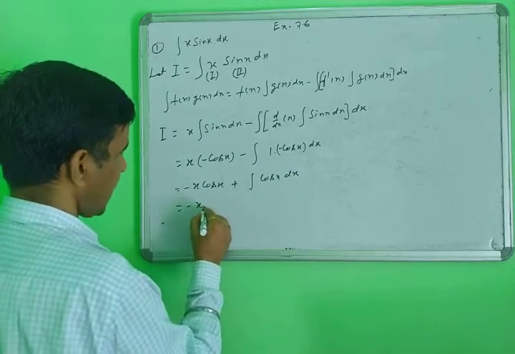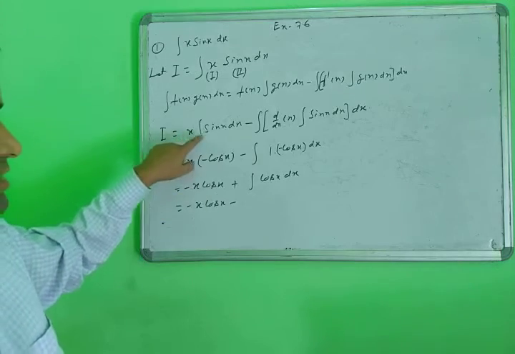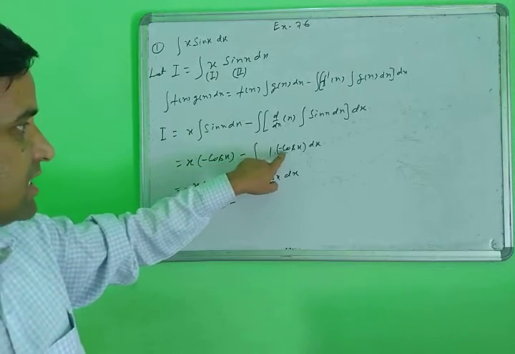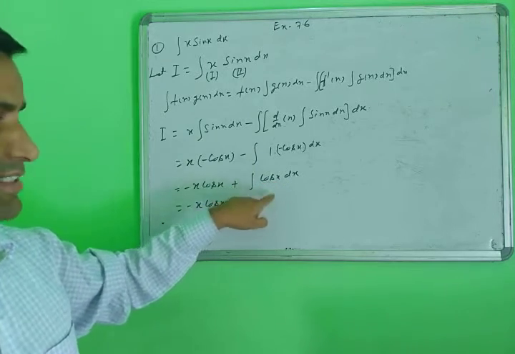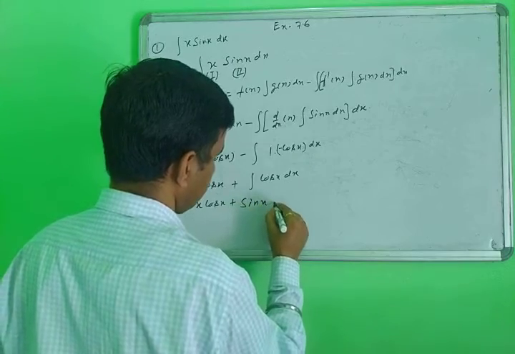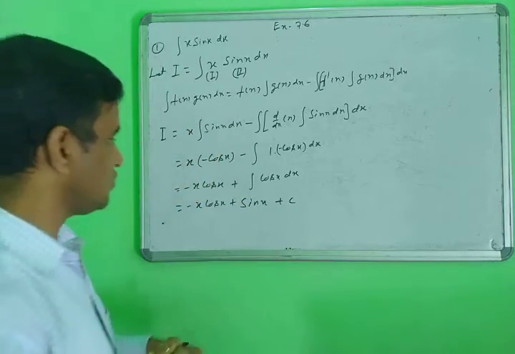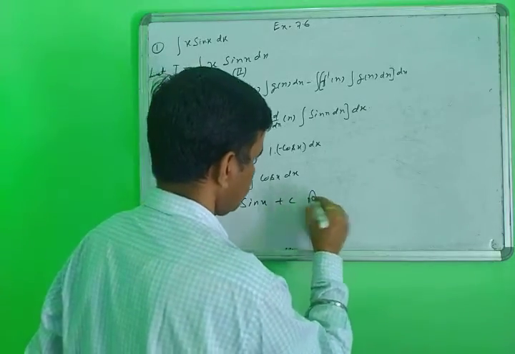The integral of cos x is sin x. So I equals minus x cos x plus sin x plus c. This is your final answer to the first question.